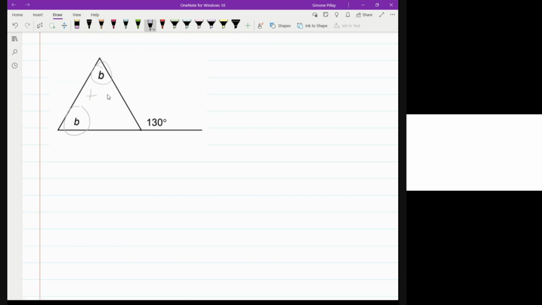So when we add these two, they should equal this. So what I did was I said B plus B is equal to 130, which gave me 2B equals 130. Divide both sides by 2 because we want B.